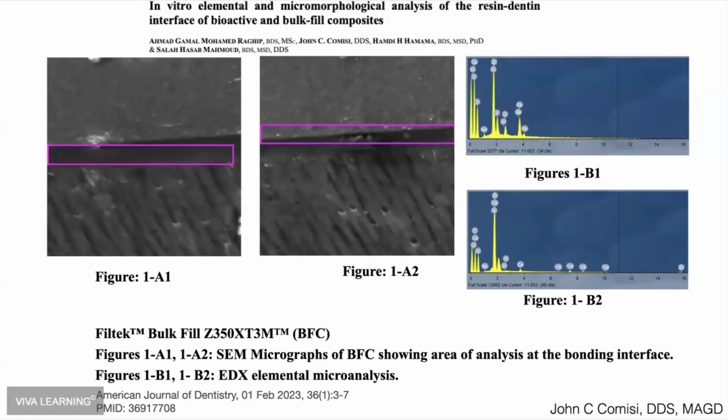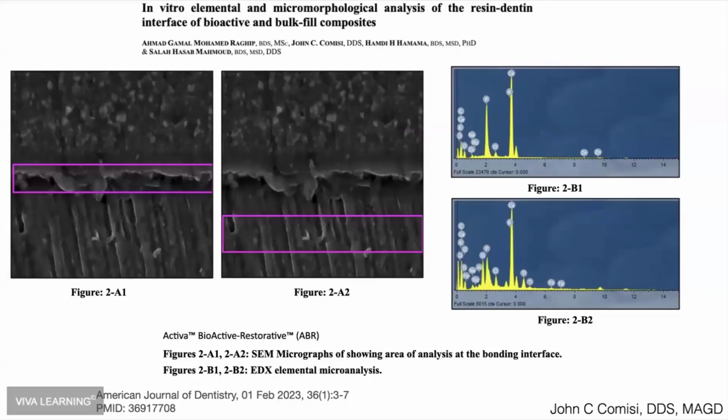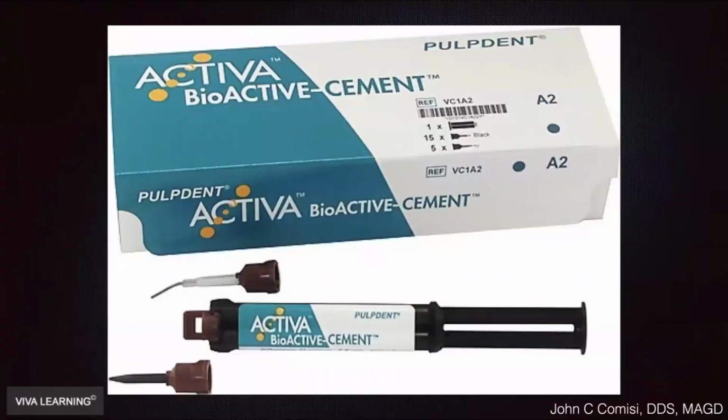It's essentially very low in any type of mineralization. So that gap is where your initial breakdown can occur. And when we use the bioactive material, we can see in the purple line, especially on the left, and above the purple lines on the right-hand side, the mineralization that is occurring. This has been consistently seen in every other paper that I have read in this arena, which brings us again to the cementing process.